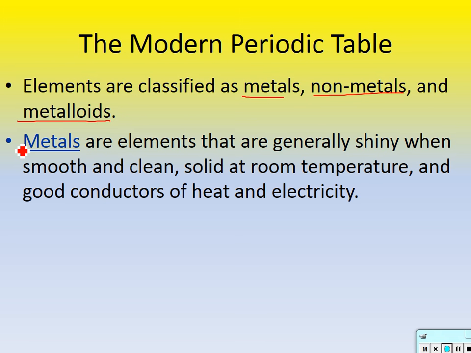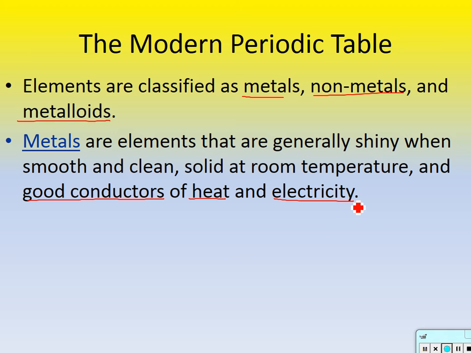Let's talk about the metals first. Metals are elements that are generally shiny when smooth and cleaned up. They're very shiny. They're solid at room temperature. And they're good conductors of heat and electricity. What does it mean to be a good conductor? Does that mean heat can go through it easily or not so easily?